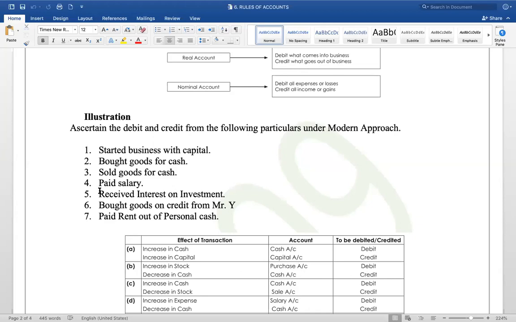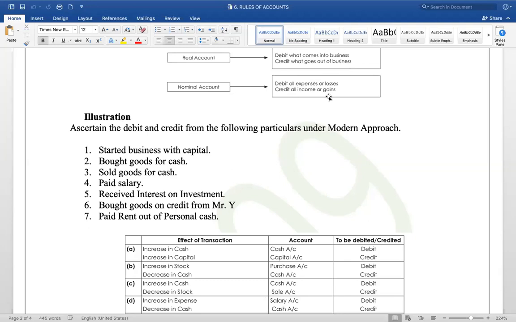Let's look at this. Sold goods for cash. This is sales. When you sell goods, you get cash. Cash is increasing. What's the rule for a real account? Debit what comes in. Cash is coming in, therefore debited. Now, nominal account. What's the rule for a nominal account? Credit all incomes and gains.